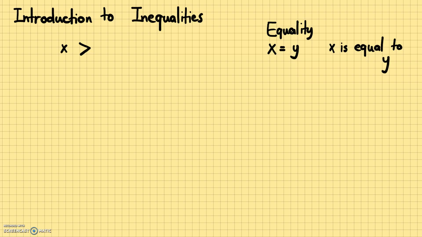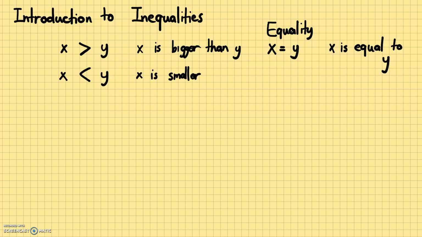But when we say x is greater than y, this sign here means that x is bigger than y. And we have this sign which goes the other way. This means that x is smaller than y.